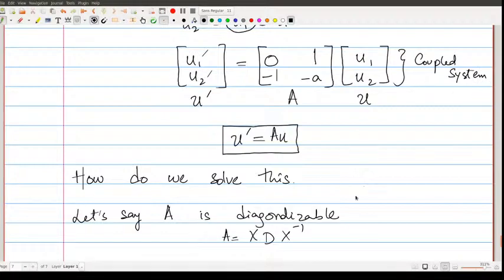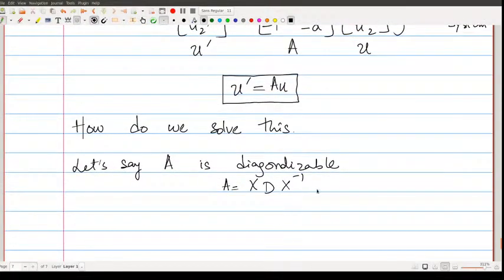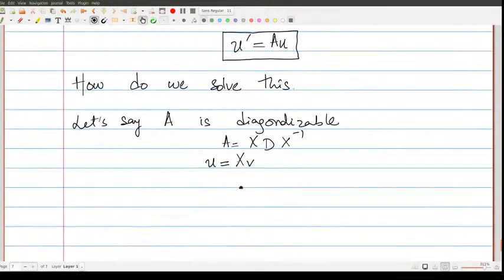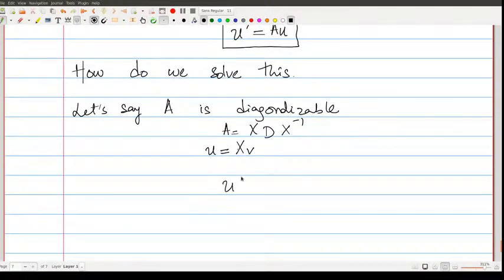And now we're going to do something that is going to decouple this system. That is, we're going to consider the change of variables u is equal to Xv. Okay, and what does this give us? This gives us that u prime is equal to Au, this system.